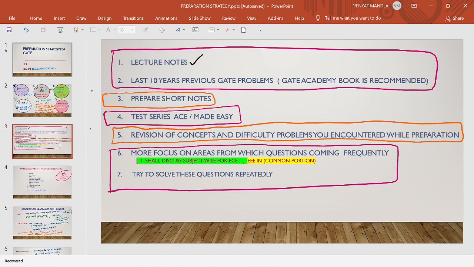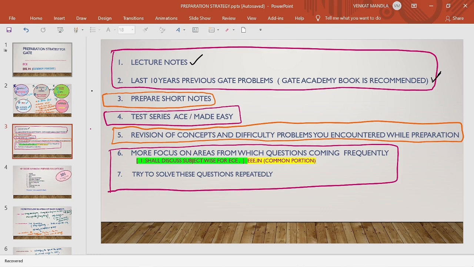Suppose you have started maths. First you go through the lecture notes of the maths subject. And for each topic, solve all the previous year problems, or at least the last 10 years' problems. I recommend solving all the previous problems.